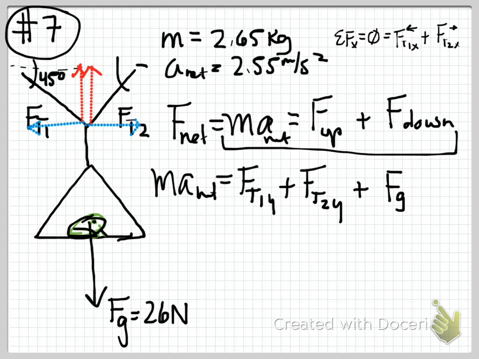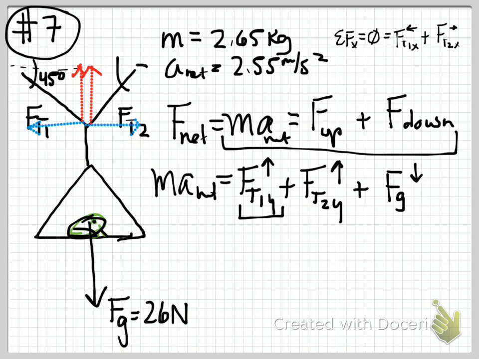All right. Now, we know that those two are up and that one's down. We're given mass, we're given net acceleration. Now, what expression can we use to describe that force of tension on the y-axis? Looking at our triangle here, what expression would mathematically describe our force of tension 1 on the y-axis?